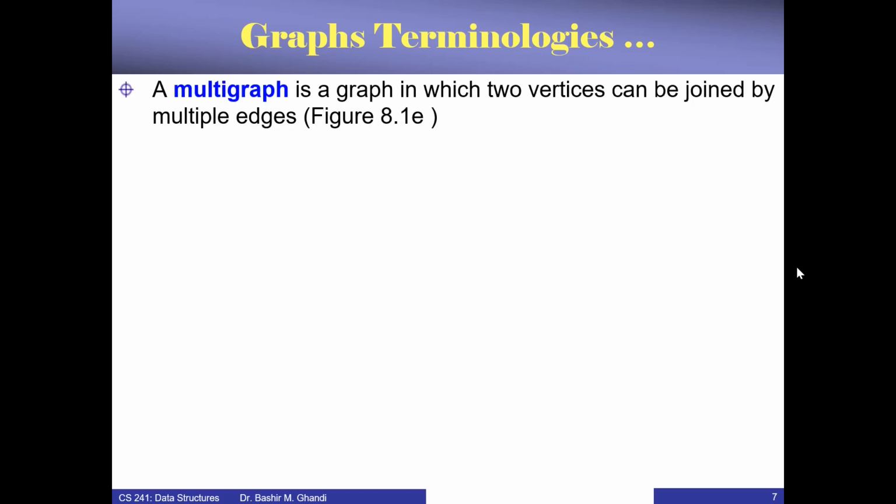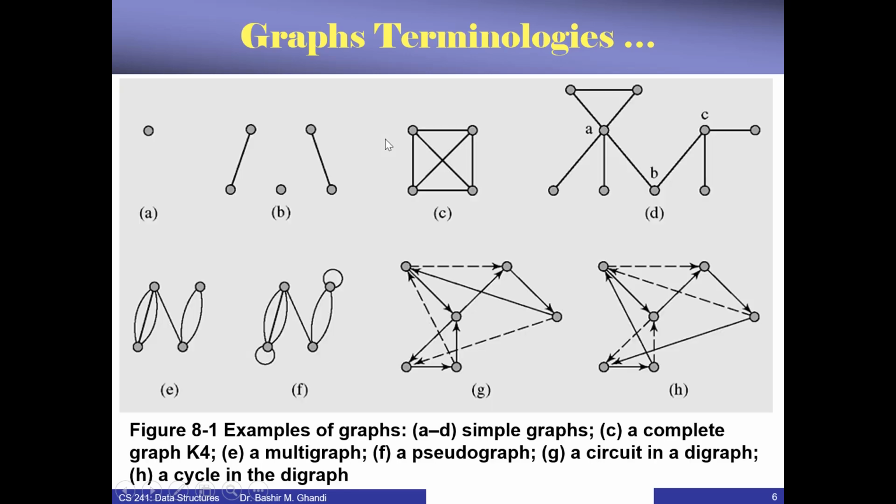Okay, let's take on more terminologies about graphs. First of all, a multi-graph. A multi-graph is a graph in which two vertices can be joined by multiple edges. So this is the example we just saw in the last slide. You can see here between this vertex and this vertex, there are 1, 2, 3 edges. If you have this in a graph, maybe each one of them is representing some different value. Maybe this could be the distance from here to there.